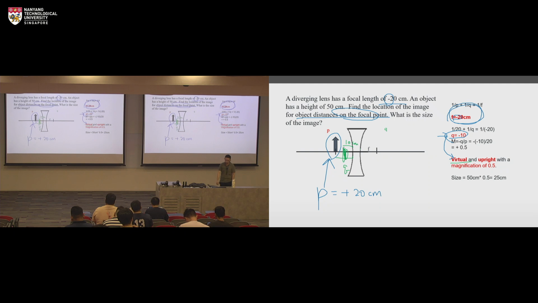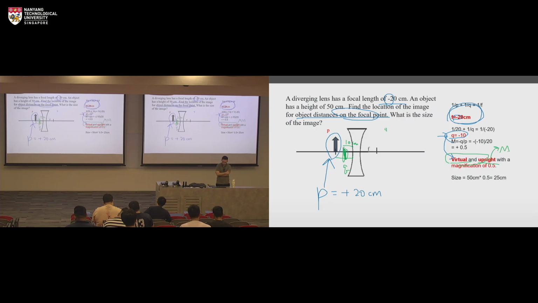And because Q is negative, it shows it's a virtual image. Then upright, because it depends on your M, and your M is positive 0.5. Finally you have your magnification power, which is 0.5.